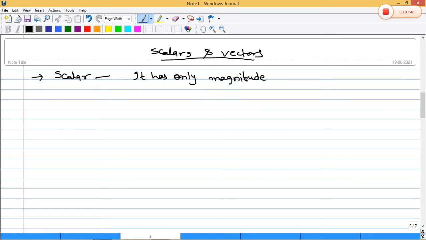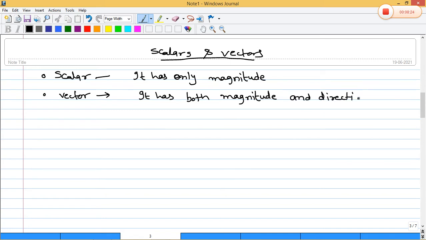The quantity which has only magnitude is called a scalar. And a vector has both magnitude and direction.